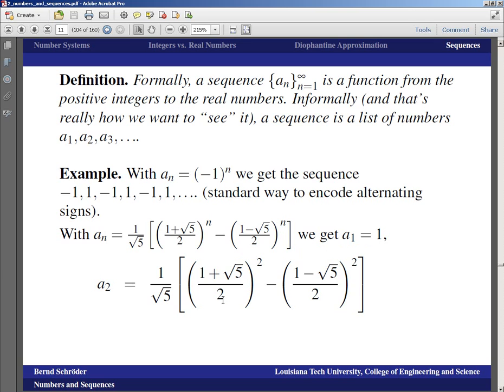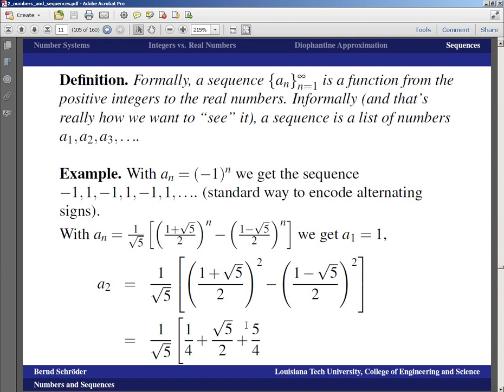Okay, now a2. I'm just showing you how to plug in numbers into a function, but let's see where that goes. a2 would be 1 over root 5 times this quantity squared minus this other quantity squared, and if we work that out, we get 1/2 squared, which is 1/4. We get 2 times 1/2 times root 5 over 2, so that would be just root 5 over 2.